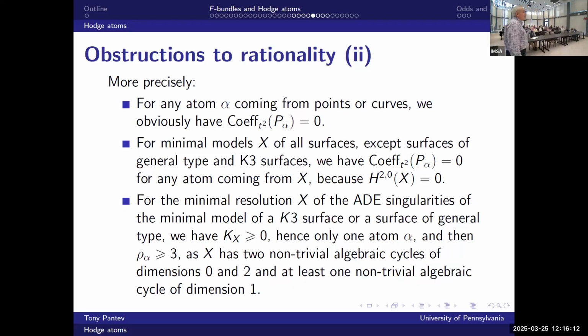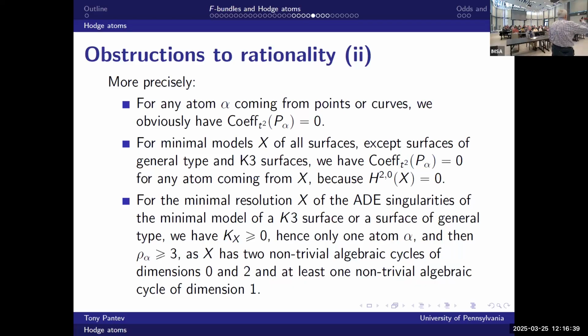And if you take a minimal model of a surface for which the canonical class is nef, then this thing has only one atom, and also the dimension of the Hodge class is at least big, because we are on a projective surface.